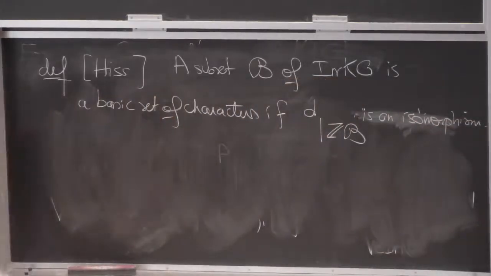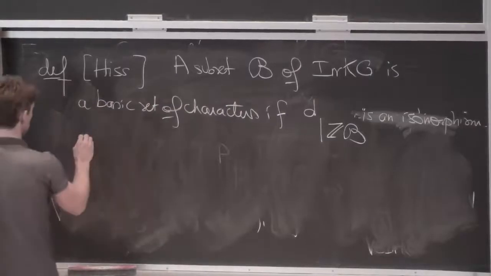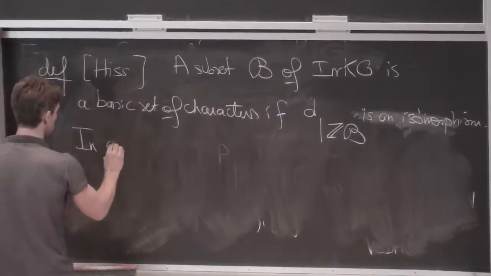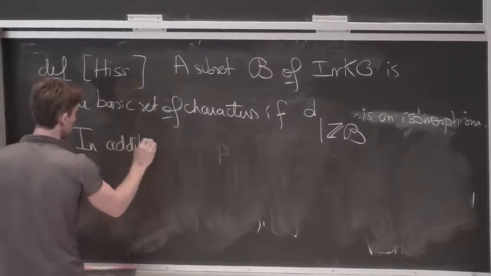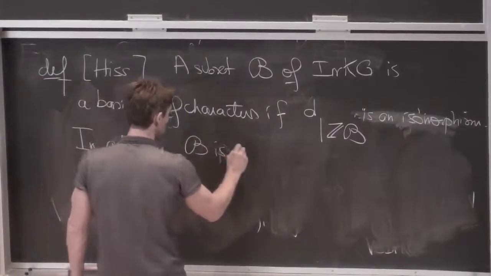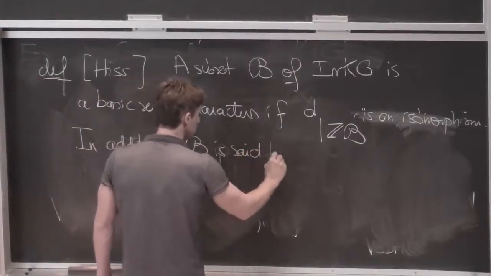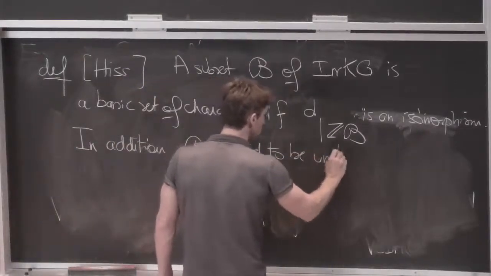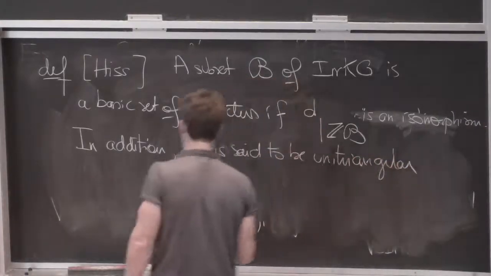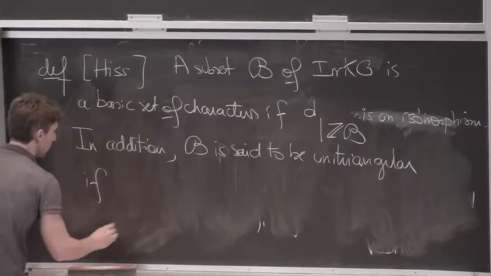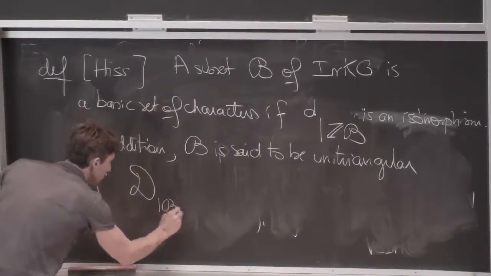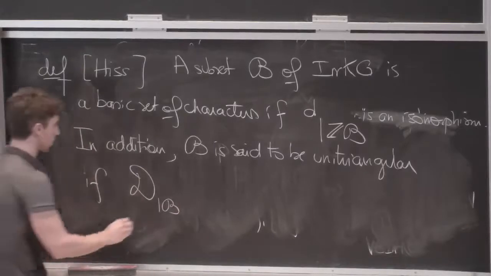And we say that the basic set B is unitriangular if, when you look at the matrix restricted to B, up to permutation, it has a unitriangular shape.